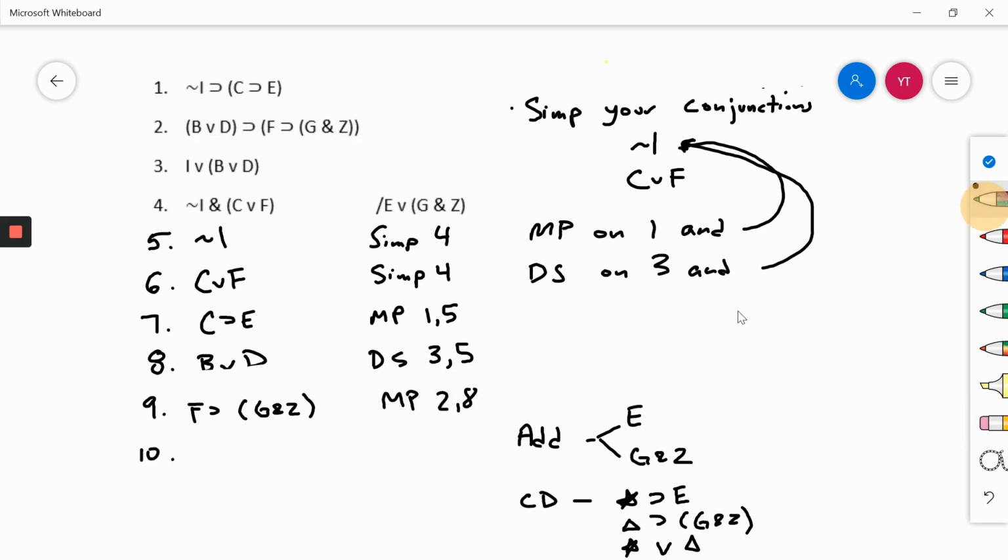And now what? Well, again, kind of take stock. You know to look for the CD pattern. You know to look for a conditional with E at the end of it. You know to look for another conditional with G and Z at the end of it.